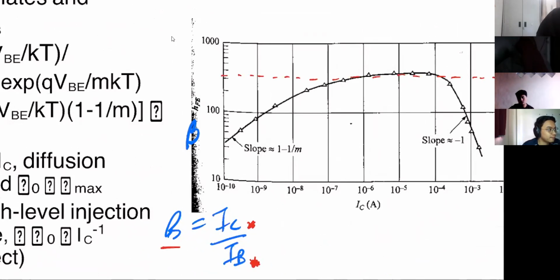The red dotted line shows that beta should be constant for a given IC. The red dotted line is the ideal beta where it should be constant.